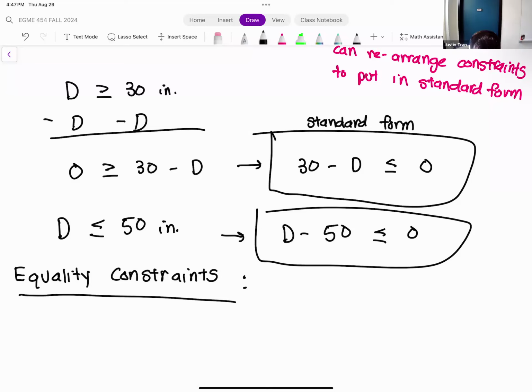Their main role is to specify relationships between different design variables.